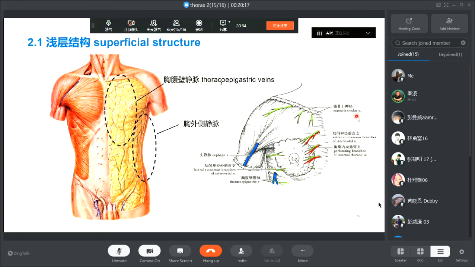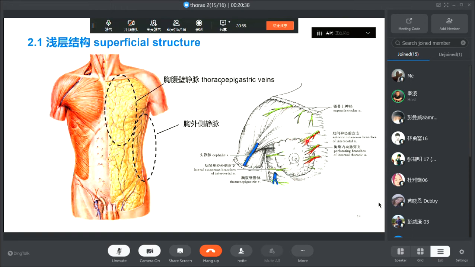So in this layer, the superficial fascia consists of fat tissue, the superficial nerve, and the superficial artery.